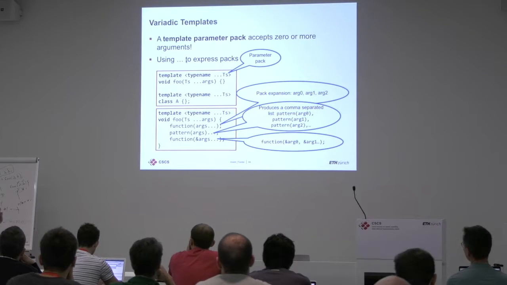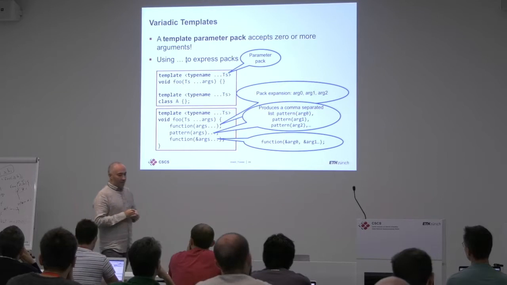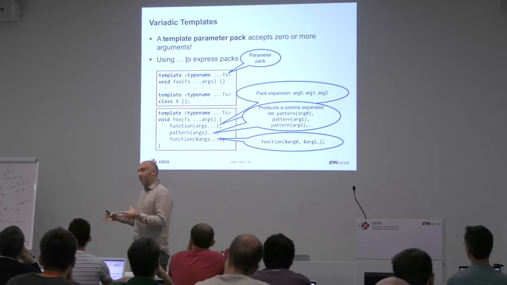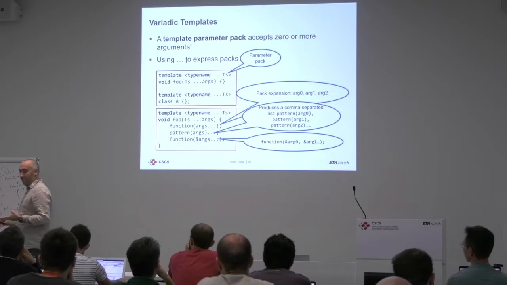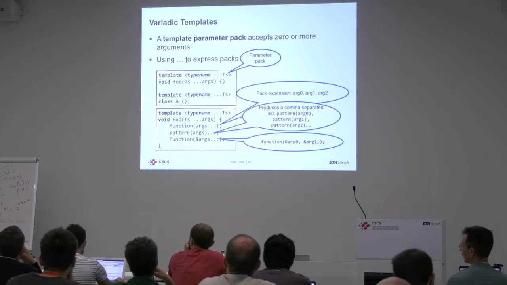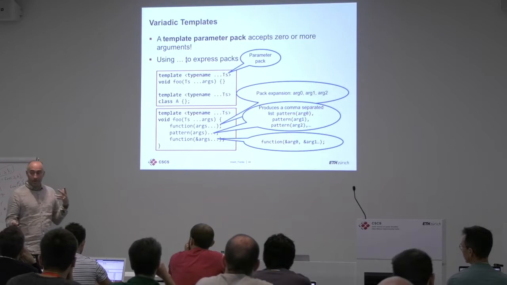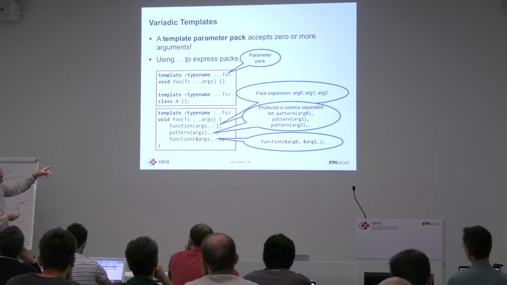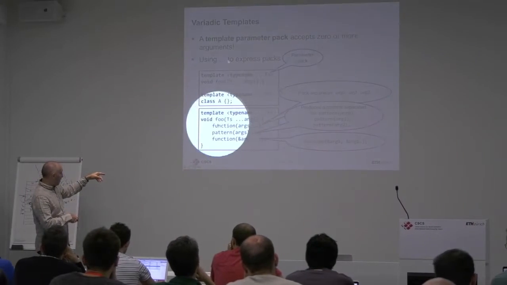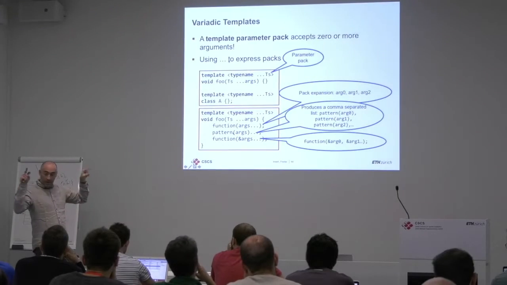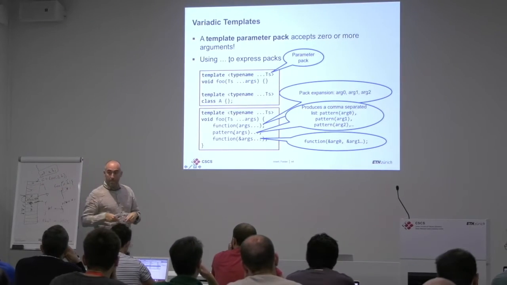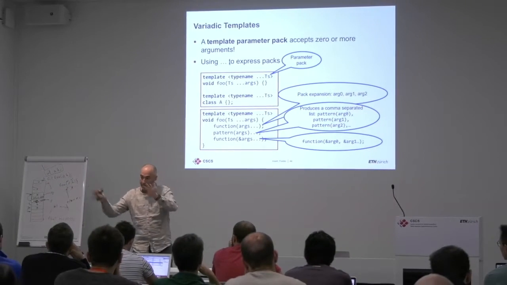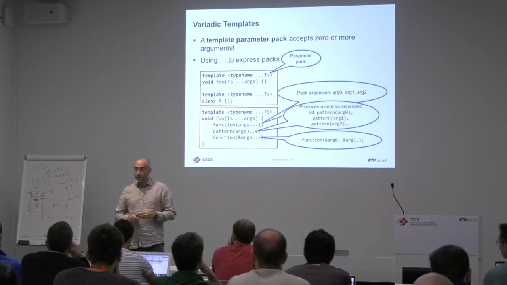For instance, if all the functions return the same type, let's say integer, you can create an array of integers, and you expand this guy here inside the curly braces, and this will instantiate the values there.